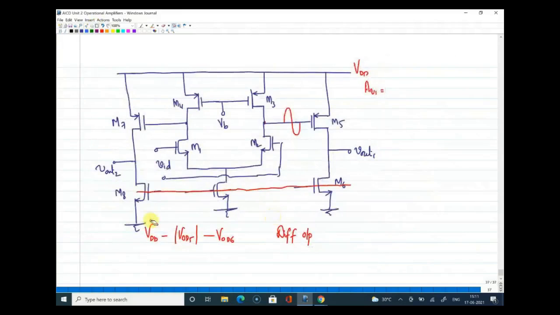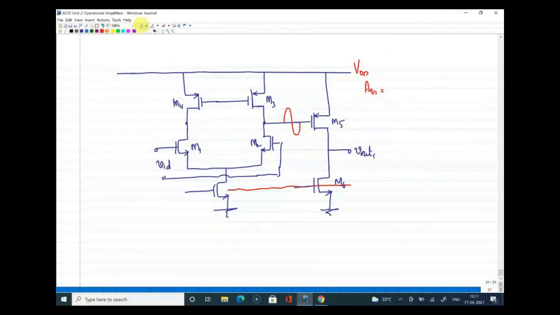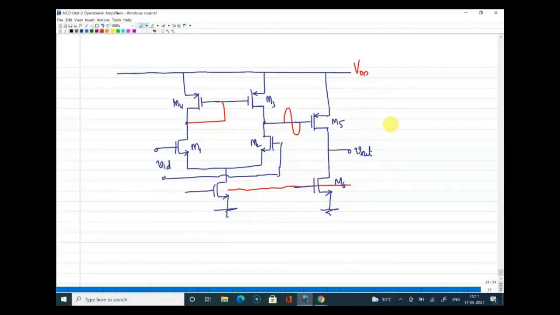I delete one side because it is anyway single-ended, and make one small change in red. I need to connect in this form, and the output will be connected to this point. The rest remains the same. You only have to establish the current mirror connection here. This is the single-ended two-stage op-amp.